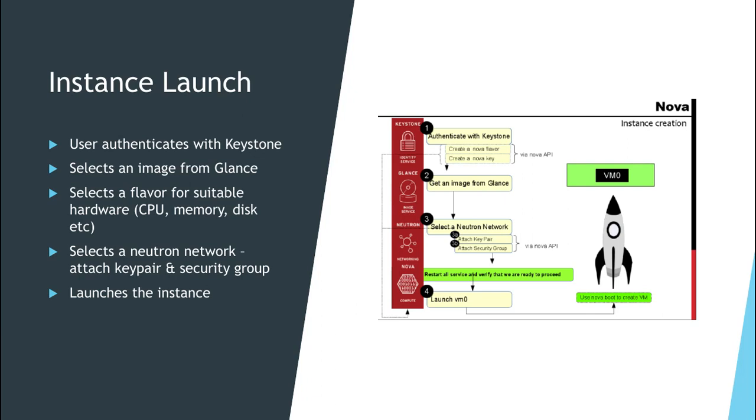Those you define in the security group, and a suitable security group is attached to that instance. Once you are done with all these, you click on instance launch, and it will launch the instance with all the pre-selected specifications.